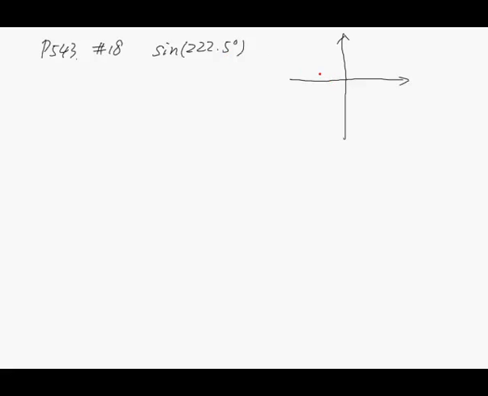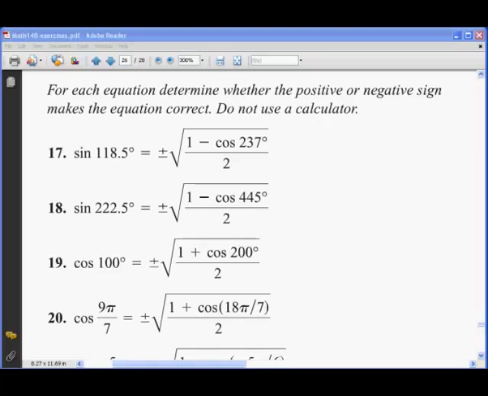So definitely this guy is in quadrant 3, right? So now we know this is negative. In quadrant 3, sine is negative. So you just take the negative sign before this radical symbol, right?